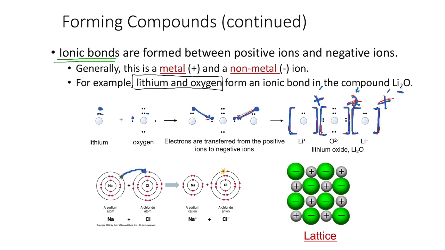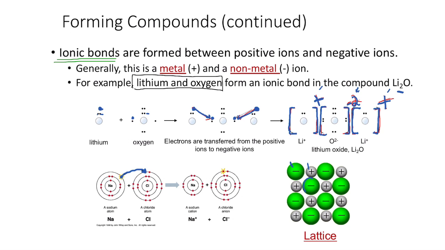Okay. It's also important to know that ionic bonds don't just form pairs, so we don't just have one sodium and one chloride ion. They actually form a crystal lattice structure. So you can see the chlorines represented in green here, and the sodiums represented in gray. And like charges, if you remember, repel, whereas opposite charges attract.